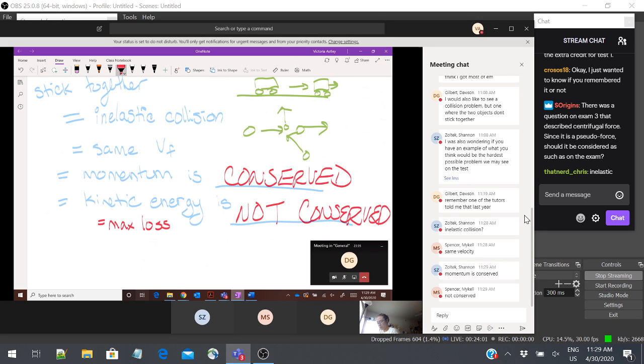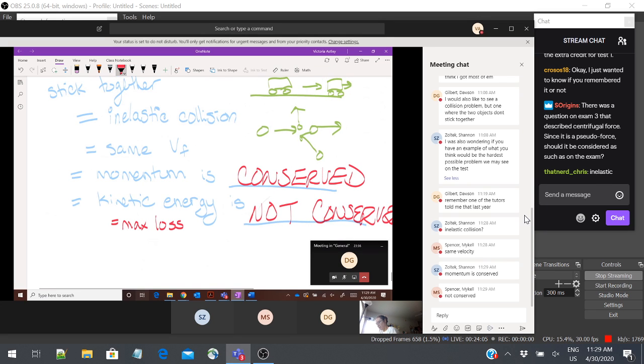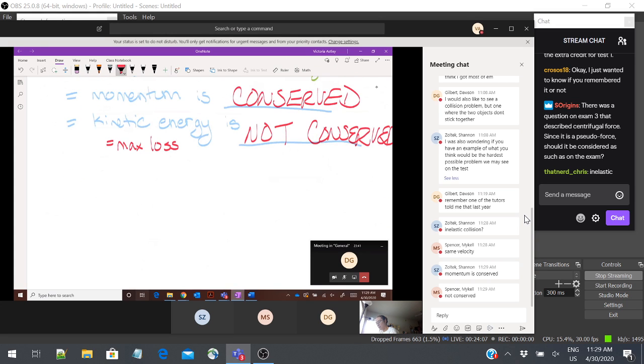So what equation are you going to use? You're probably going to use momentum conservation. So m1 v1 plus m2 v2 initial equals m1 v final plus, oops, and these stick together. So it's m1 plus m2 v final.